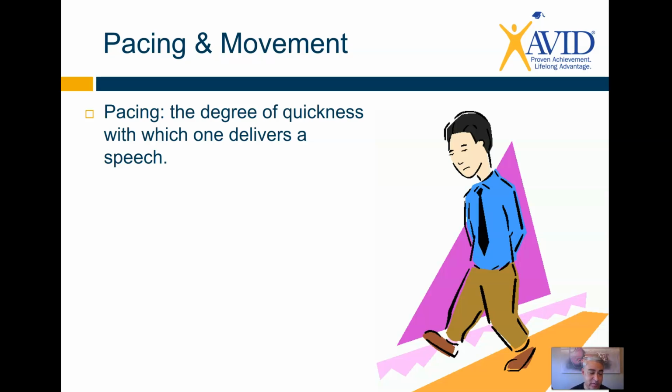Okay, and that just happens because they start to get some adrenaline, they get nervous, and they start talking really, really fast. Okay, so we want to practice this to make sure that we're delivering our speech in a way that is getting our message across, okay, and that we've spaced that out enough to make sure, because we don't want you to lose points on any presentation because you talked really fast.